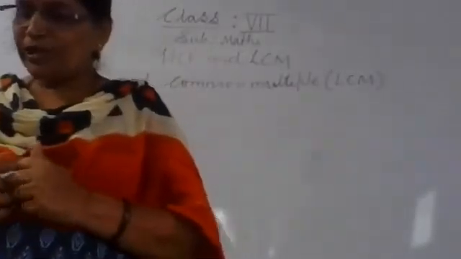The least common multiple of the given numbers is the smallest number that is divisible by each of the given numbers. See one example for this.